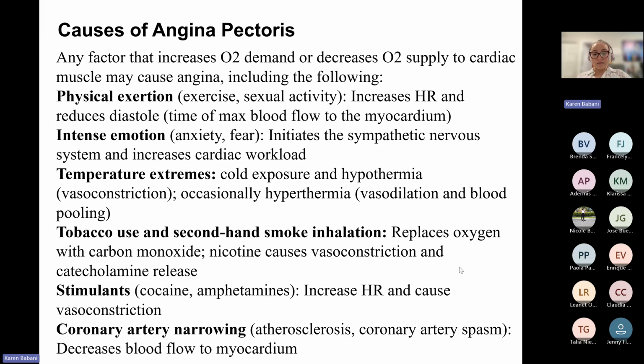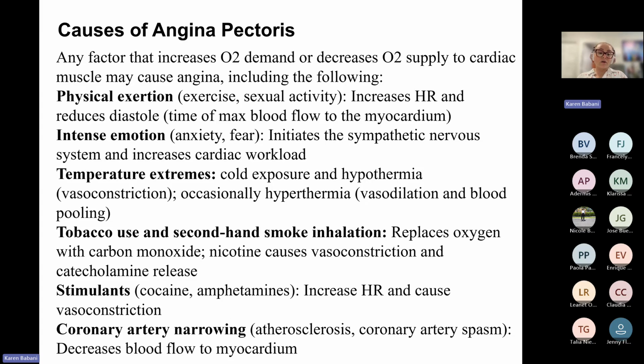So that's what exacerbates it. We talked about smoking already, secondhand smoke, stimulants like cocaine and amphetamines. So if this person has this type of condition, they definitely should not be doing drugs. We need to advise them not to. Or if they have ADHD, we do know that their medication for ADHD can make that worse.